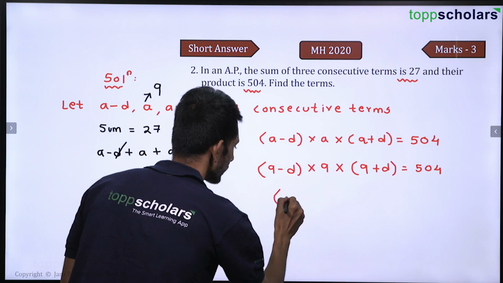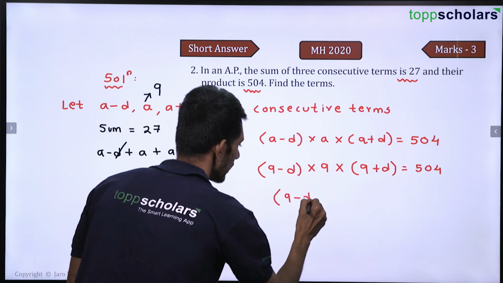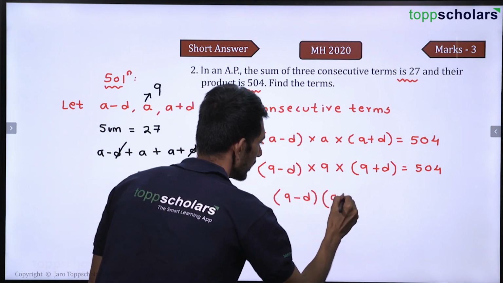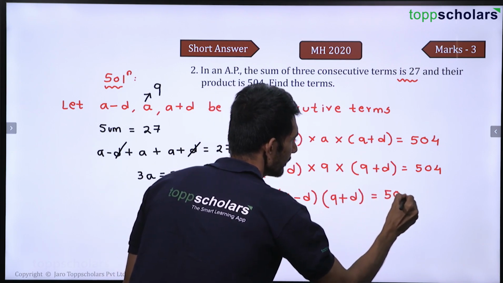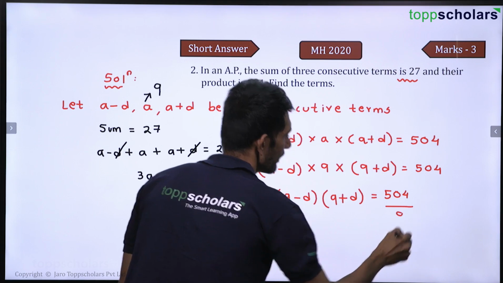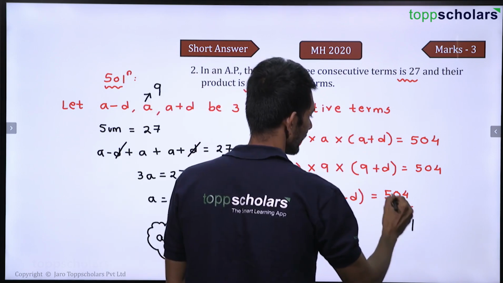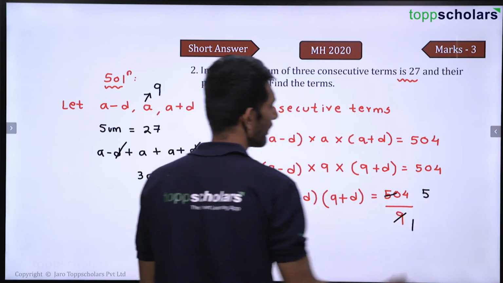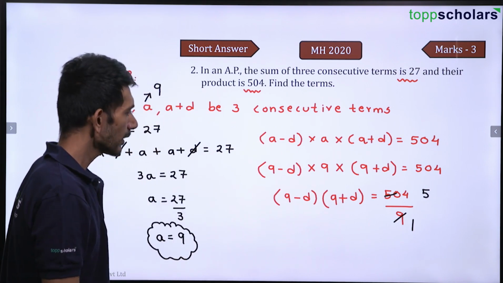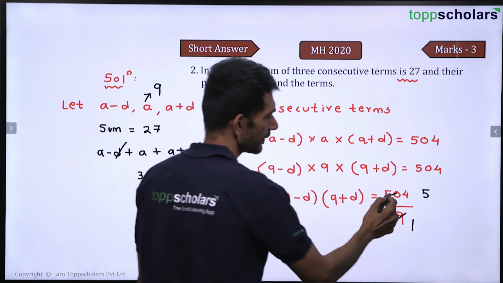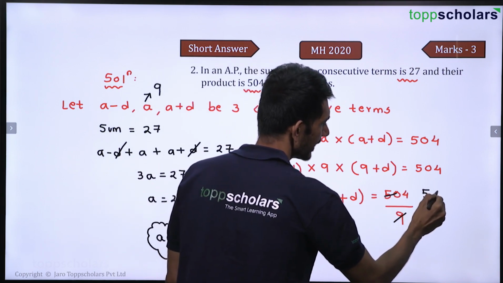So this becomes 9 minus d into 9 plus d is equal to 504 divided by 9. So 9 ones are 9, 9 fives are 45, then 9 sixes are 54.